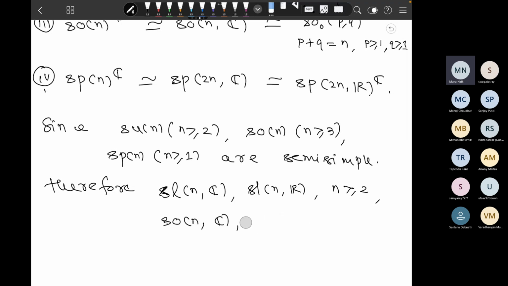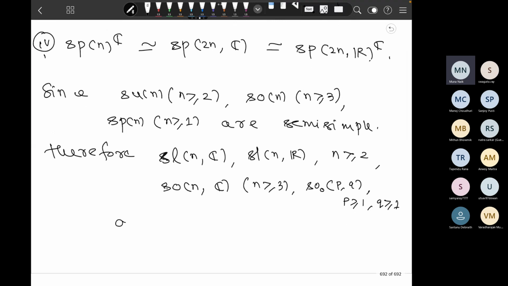Let us write this as n greater than or equal to 3, SO(p,q) with p greater than or equal to 1, q greater than or equal to 1, and SPN, SP2NC, SP2NR, this is for n greater than or equal to 1. These are semi-simple.